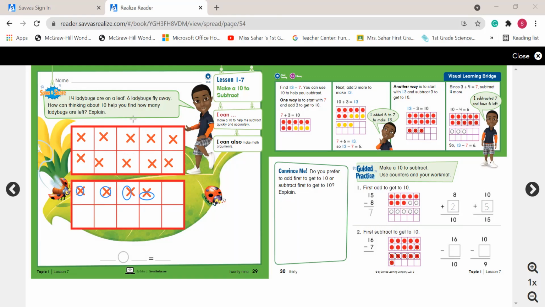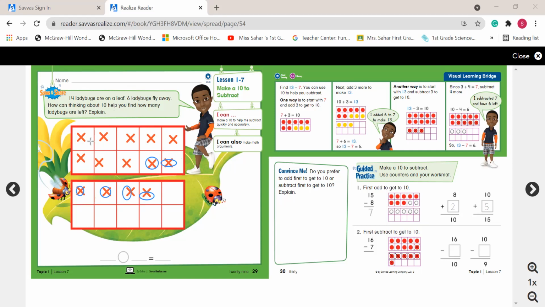Okay. What am I using? I need to take away also. Total was 6. I took away 4. I still have 2 more to make my 6, the first part here in my equation. So now I took away 6.